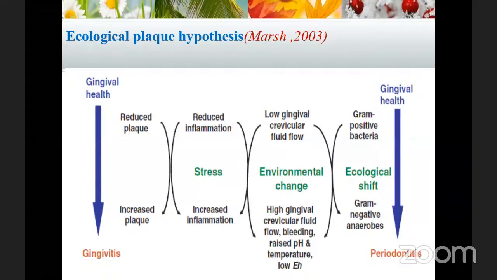Reduction of stress means a reduced level of inflammatory cytokines, and anti-inflammatory cytokines increase. So if you want to reduce inflammation, reduce stress. The same thing applies in the oral cavity, in your human body, in all the microbiota, and with environmental changes.